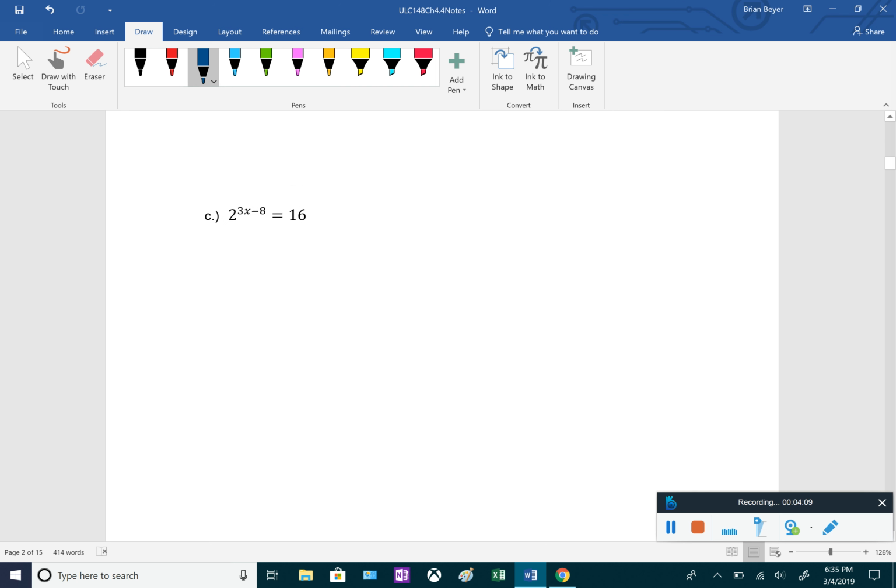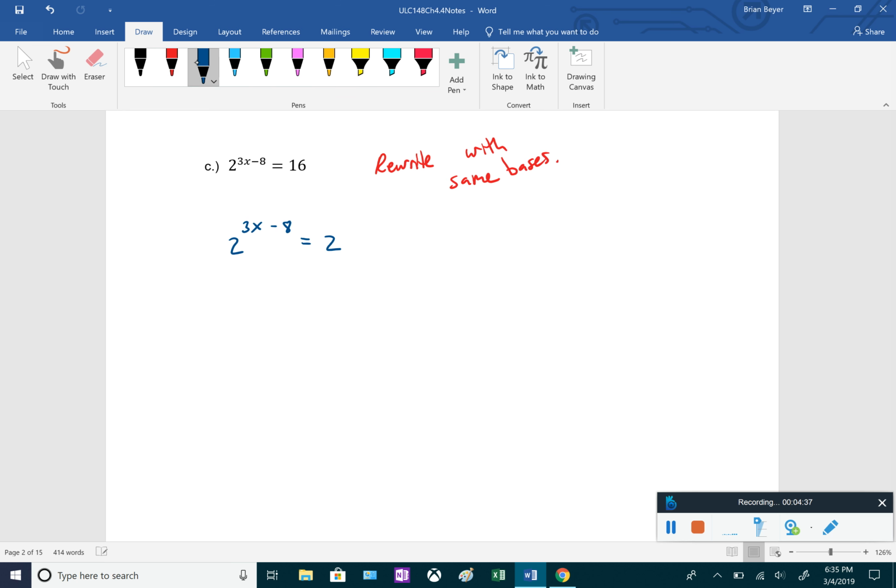Okay, next one, 2 to the 3x minus 8 equals 16. Once again, we do not have the same bases here, but we can rewrite so that they have the same bases, and then we can just equate the exponents. We can't do anything to 2, but we can rewrite 16 so that it is base 2.